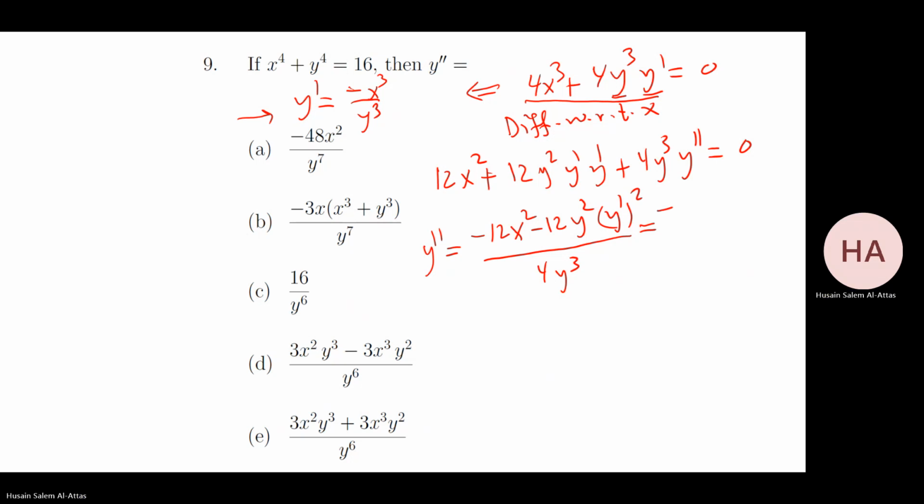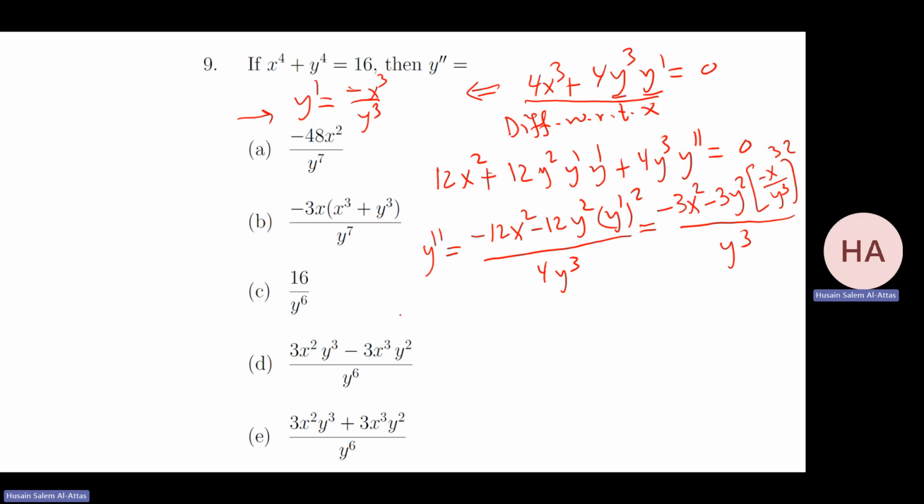Minus 3x squared minus 3y squared y prime, which is minus x cubed over y cubed. Don't forget all squared. Over 4y cubed. Like I took 4 as a common factor and divided numerator and denominator by 4.